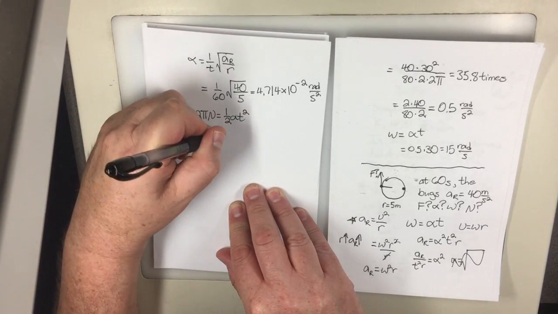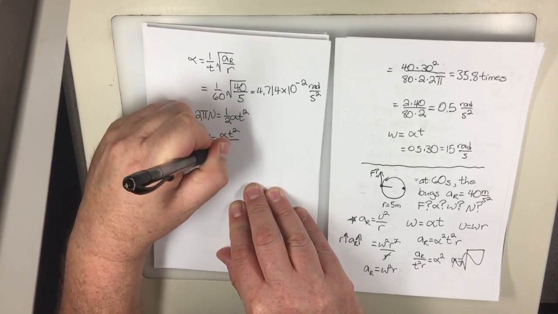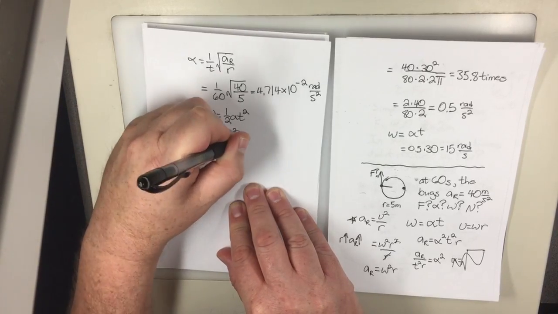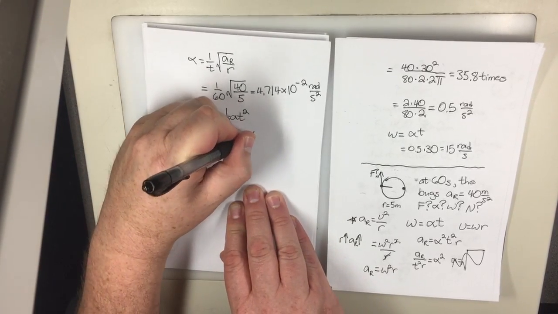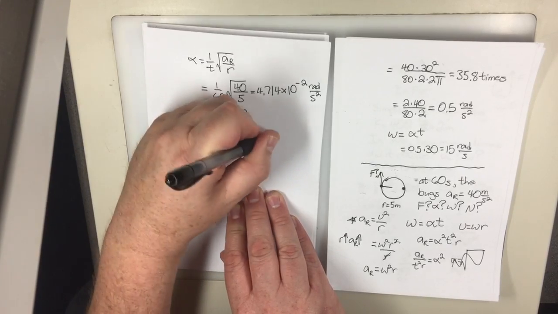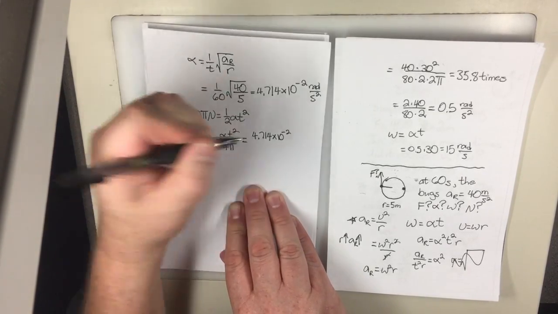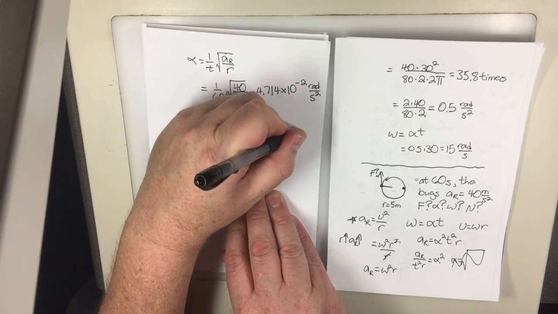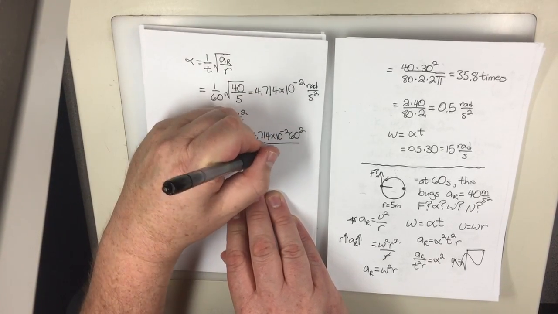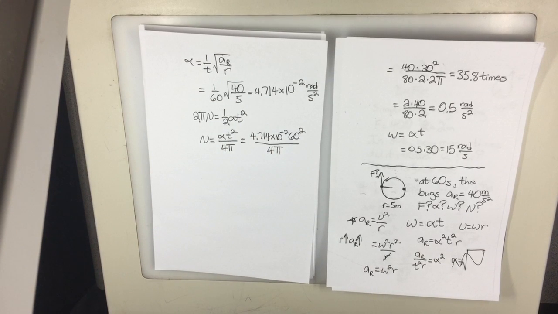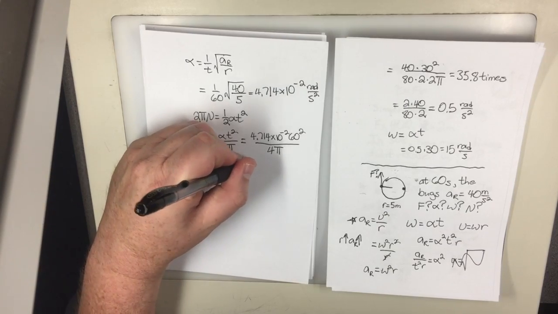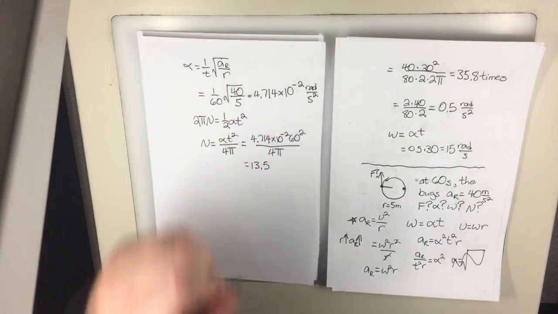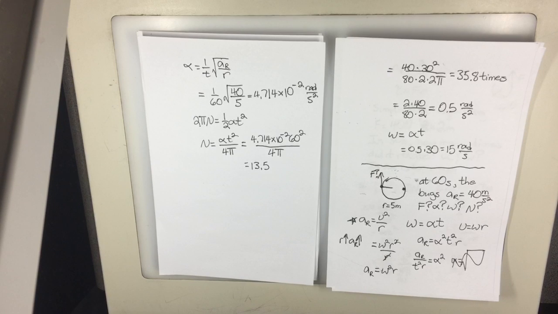N is alpha t squared over 4 pi, which means this is 4.714 times 10 to the negative 2 times 60 squared over 4 pi. Ooh, and I got the whole number in my calculator, so let's divide that. And I get 13.5 rotations. That it rotated 13.5.